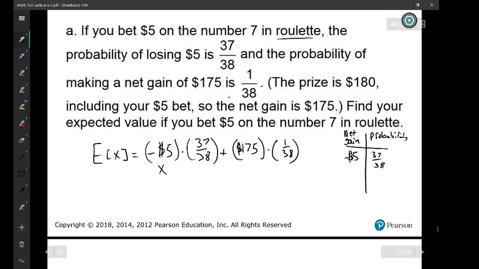And the only other possibility is winning $175, and the probability of that is 1 out of 38. This is your X1, your first discrete random variable, and your second, X2. And this is P of X1, the probability of that random variable, and this is P of X2.